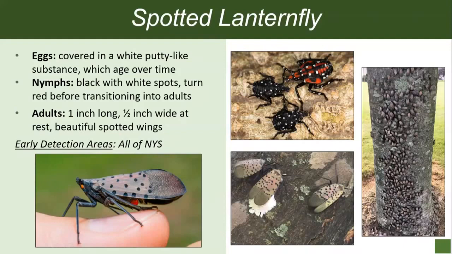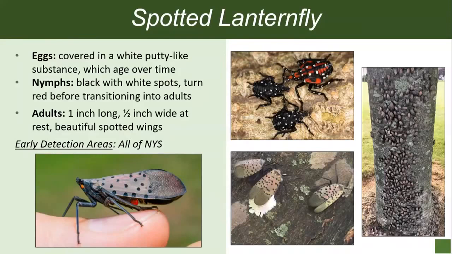And they often form these swarms at the bases of tree trunks, which makes them often easier to find than the nymphs, which don't always swarm in that way. And these adults can start to emerge in New York in July, but they become much more common in August and September, and can even linger on later into the fall.